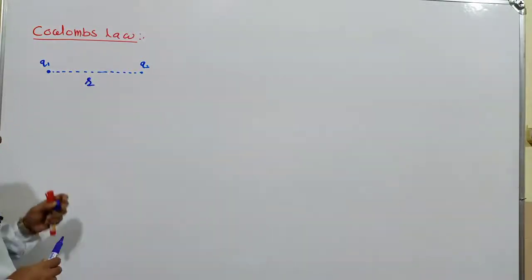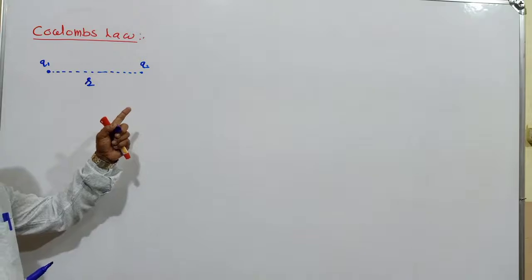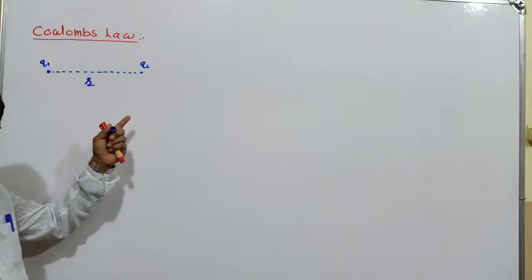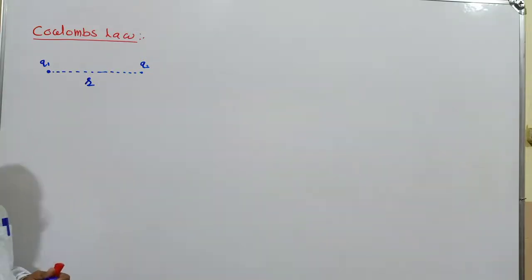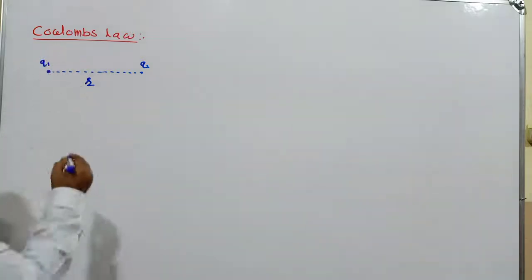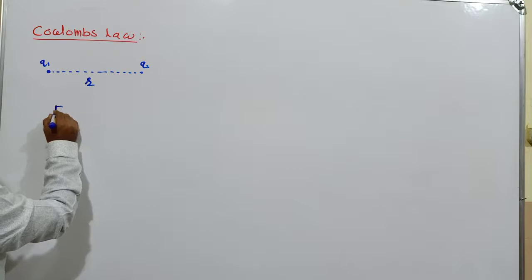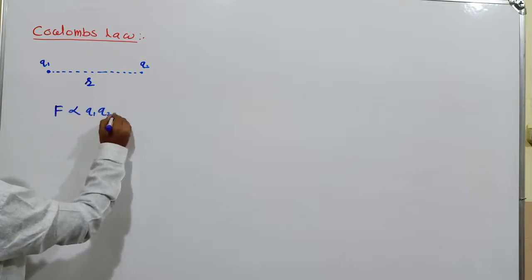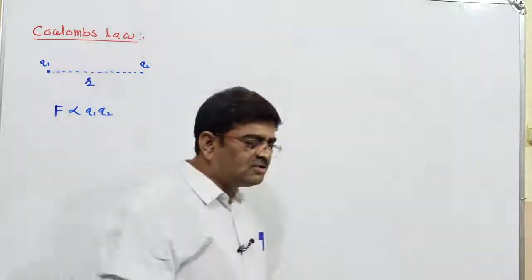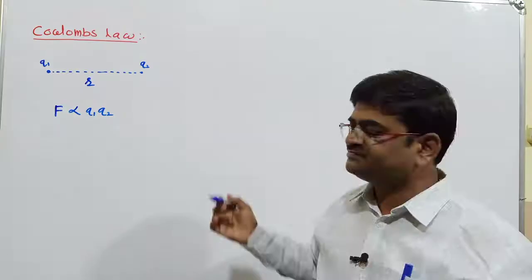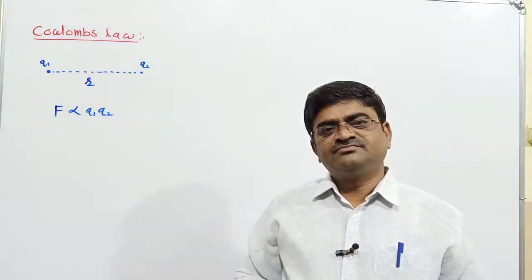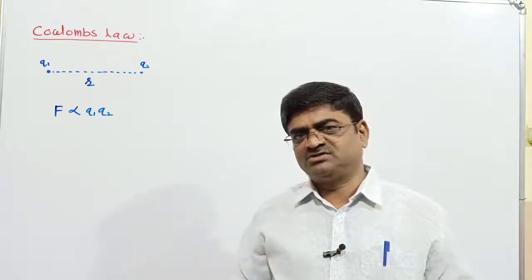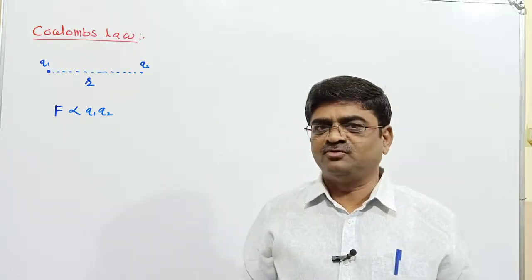Then the force of attraction or repulsion, which will of course get decided by the nature of charges, according to this law, is directly proportional to the product of the magnitudes of these two charges. More the product, more is the force. Less the product, less is the force.